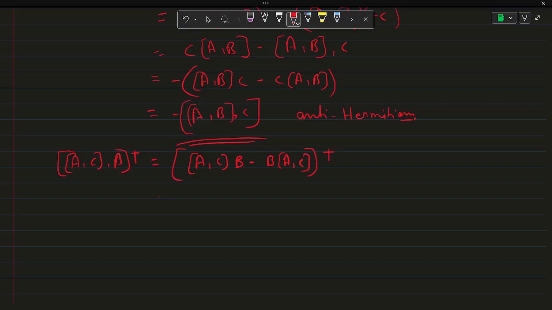A whole dagger will give B dagger AC dagger minus AC dagger B dagger.